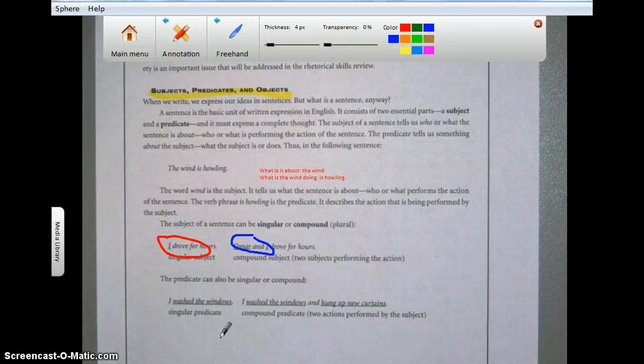The predicate can also be singular or plural. Singular would be I washed the windows, we only did one thing. And over here we washed the windows and we hung our new curtains. So we did two things, which would mean it's compound. Please take a minute and practice this with the sentences on number 1 and number 2.